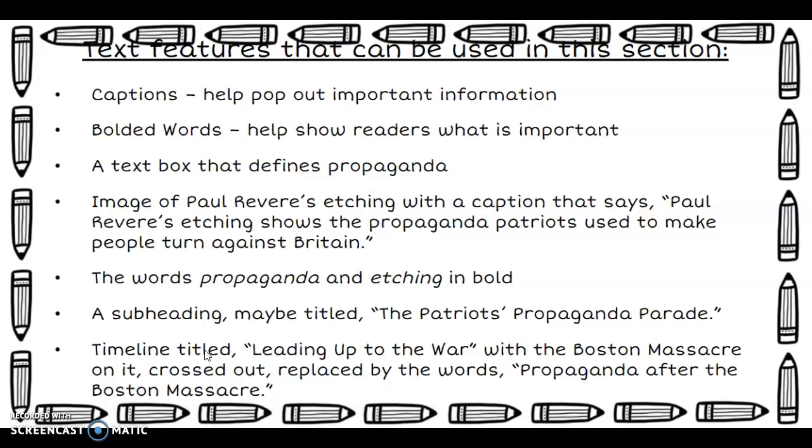Things like captions, bolded words, perhaps a text box, image of Paul Revere, if you were doing Paul Revere, with the etching, with a caption that might say, Paul Revere's etching shows the propaganda patriots used to make people turn against Britain. You might have a different image, obviously, for your second topic.